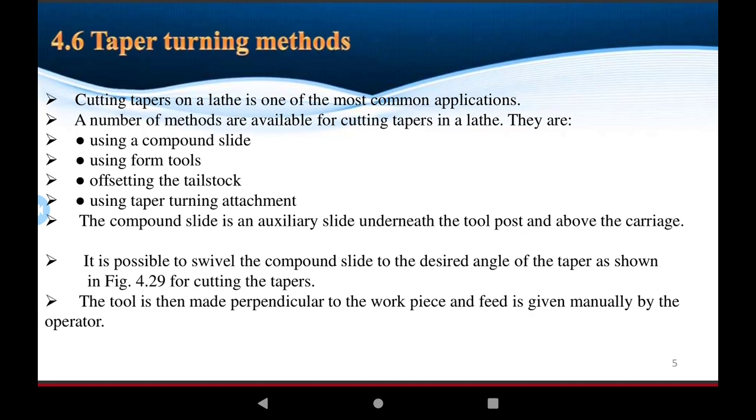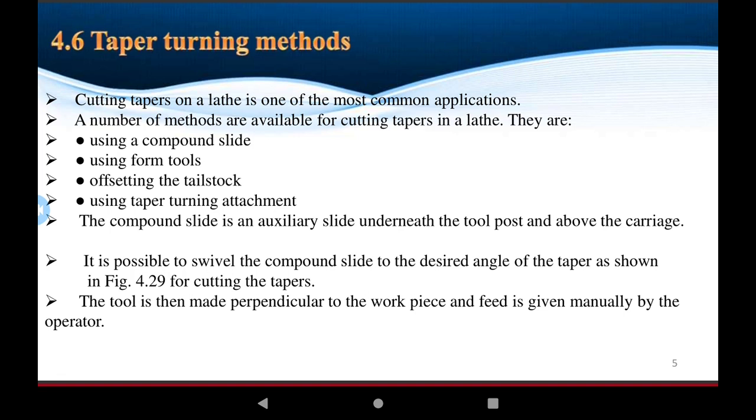Taper turning operation. Taper turning on the lathe is one of the most common applications. A number of methods are available for cutting taper on the lathe.